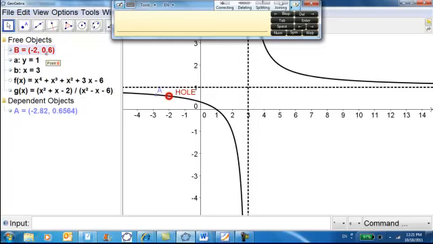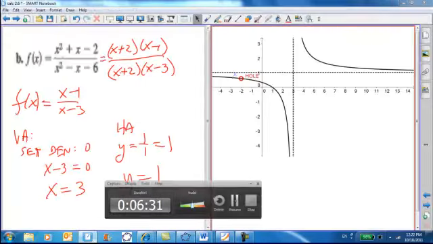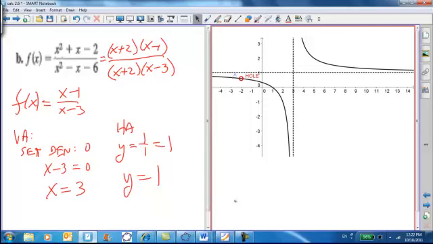So let's back up and look at that again in our notes. Take this picture. Why are we getting this strange hole here?